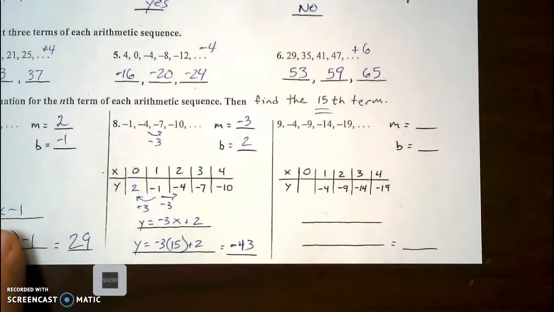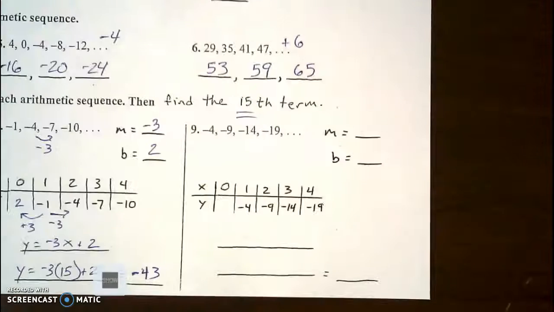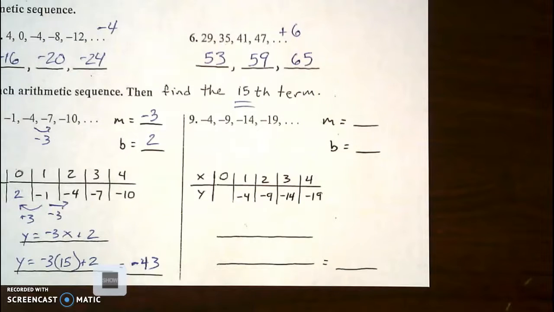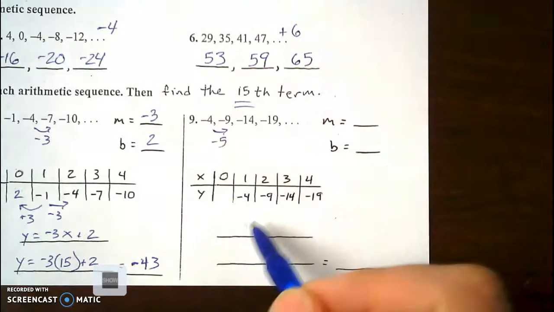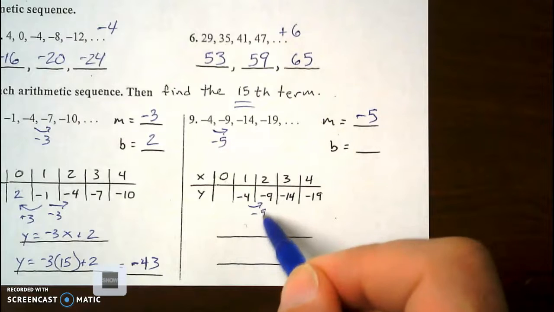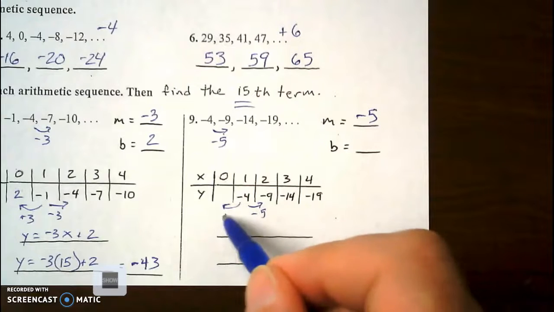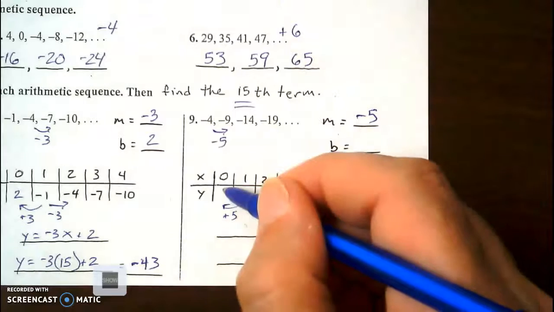Okay, see if you can figure this one out. We'll answer that. I'll just briefly show you the assignment. And that's what we have to do today. Well, it looks like we're going minus 5. That's my slope. So it's minus 5 going to the right. It's plus 5 going to the left. Negative 4 plus 5 is 1.